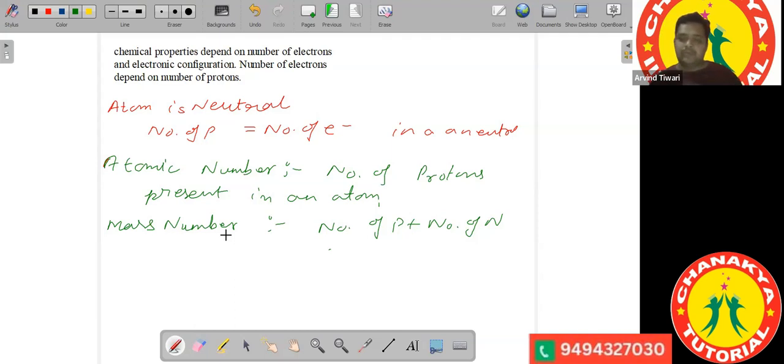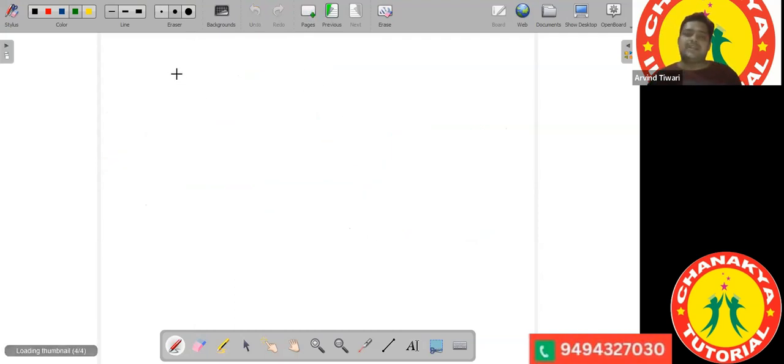Right? And it is written symbolically something like this. Suppose I write here an element X. Here at the bottom, whatever I write as A, and I write on the top as B. Whatever is written on the top, that is the mass number. Whatever is written over here at the bottom, that is the atomic number.